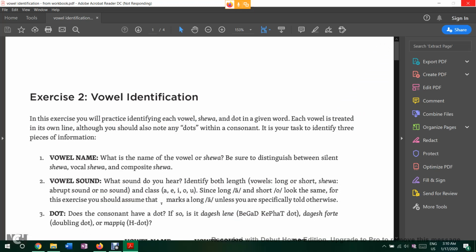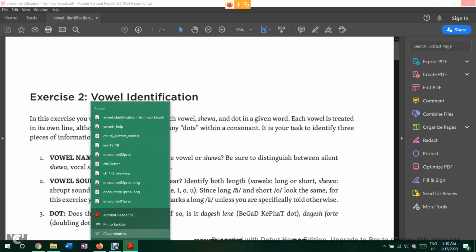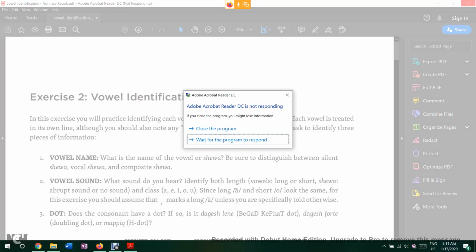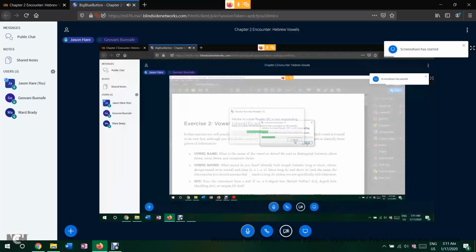Vowel identification. My mouse is kind of locking up. It says not responding. Come on, respond. I'm gonna wait for this for a second. And it doesn't want to respond. So let's kill Adobe. And we'll try again. Technical issues, huh?